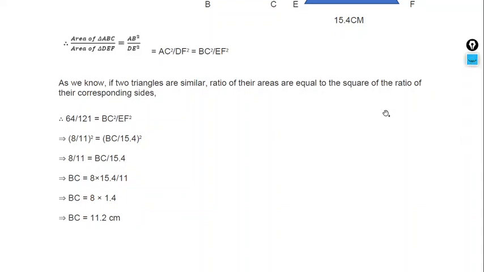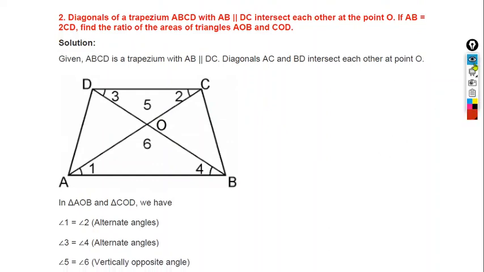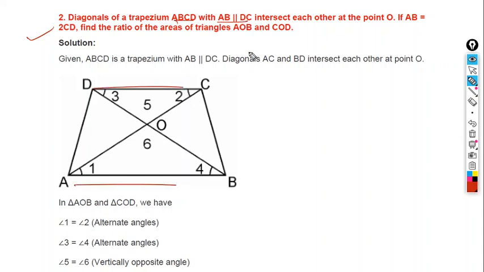Now we'll move to the second part, that is question number 2. Let's start. Question number 2 says: diagonals of a trapezium ABCD with AB parallel to DC intersect each other at point O. You can see diagonals AC and BD are intersecting each other at point O. If AB equals 2 into CD, it is given that AB is equal to 2 into CD.